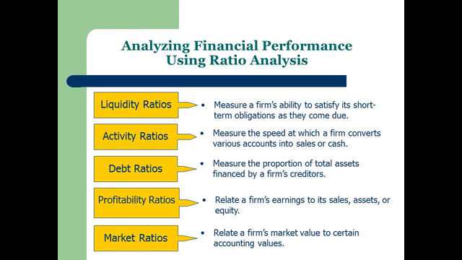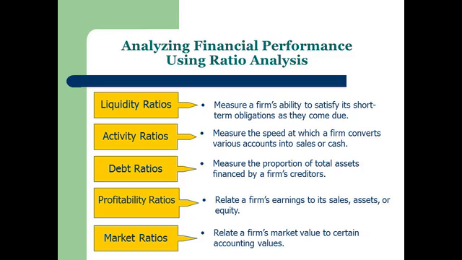So all these five ratios are meant to be targeted for different customers and different users. Liquidity ratios are normally used for shareholders and for creditors because they measure a firm's ability to satisfy its short-term obligations as they come due.